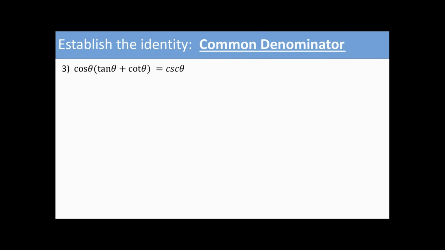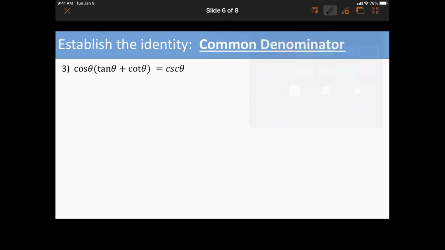So let's look at this one. Now, if you're looking at it, you're like, there is no common denominator. You're right. There is no common denominator because there's no fractions. Now, you would generally say, well, I can see that I should multiply that. It looks like, okay, I'm going to distribute.